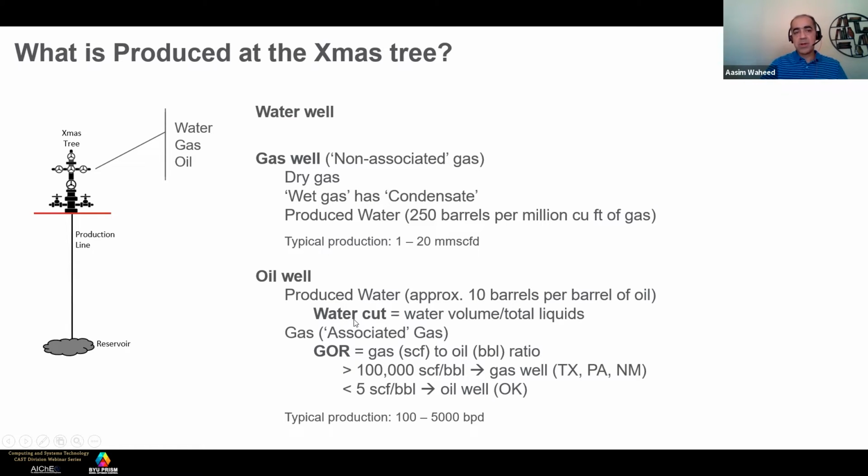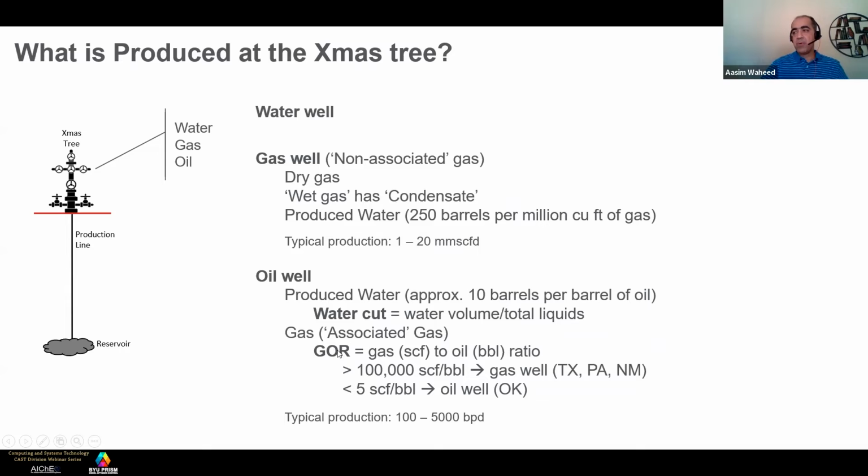That's called water cut, which says how much of the total volume produced is water. Of course, the lesser the water cut, the better it is. But the statement of fact, unfortunately, is that for each barrel of oil that we produce, there are about 10 barrels of water produced. So 10 barrels to each barrel of oil, 10 times more water produced than oil.